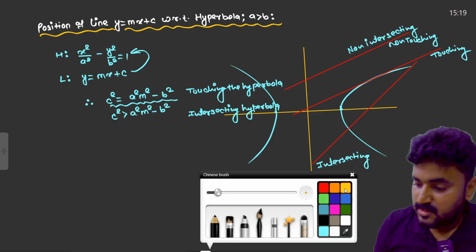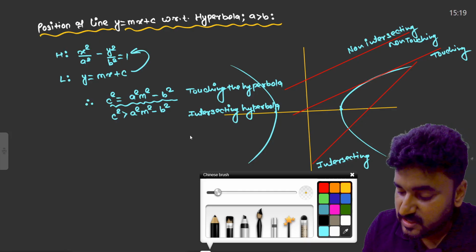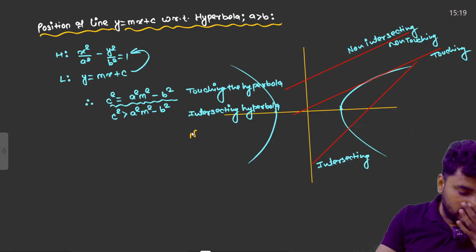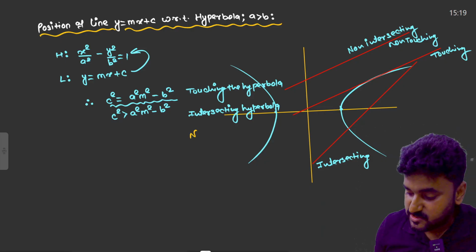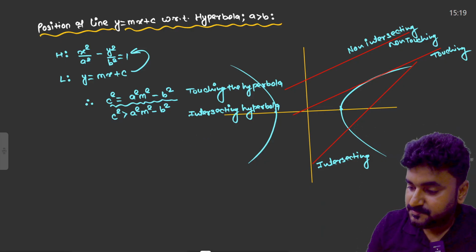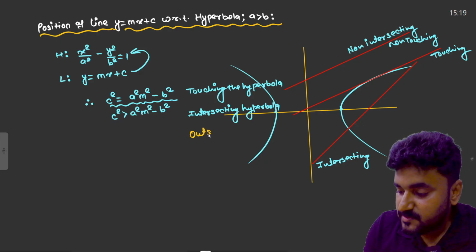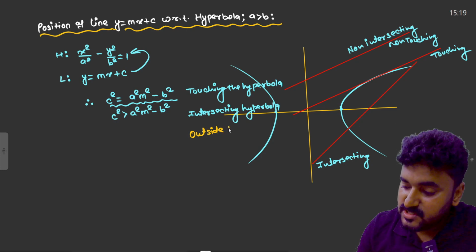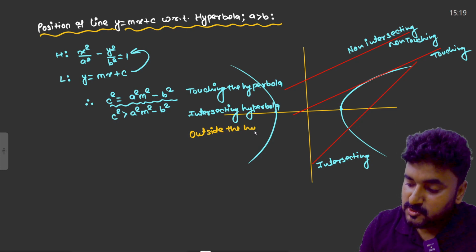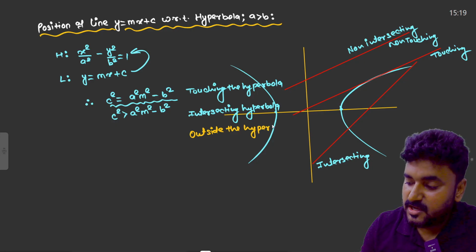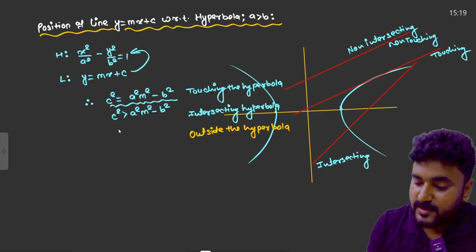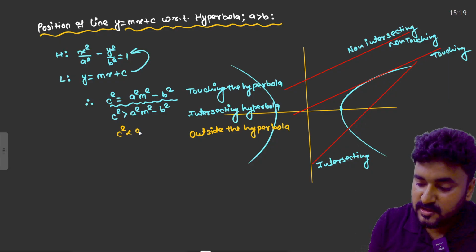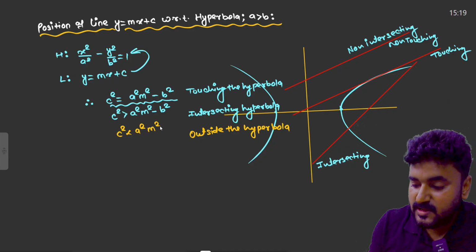And now suppose the line is non-touching, non-intersecting, or I can say outside the hyperbola. So in case of outside of the hyperbola, I will write c square is less than a square m square minus b square.